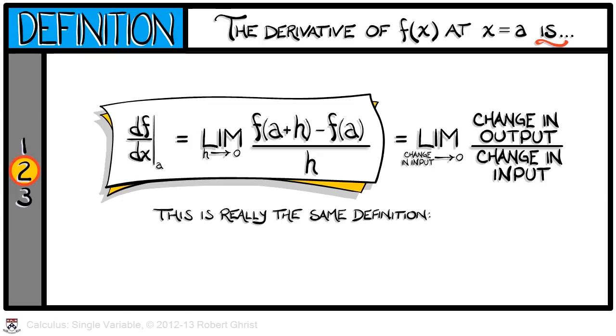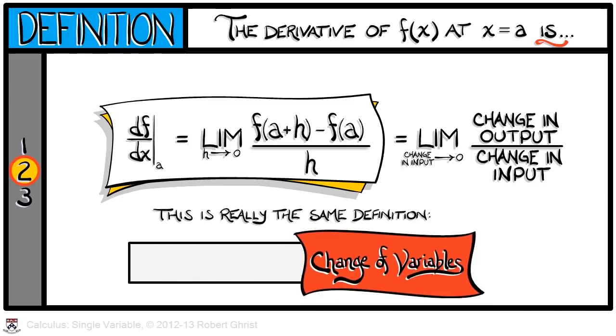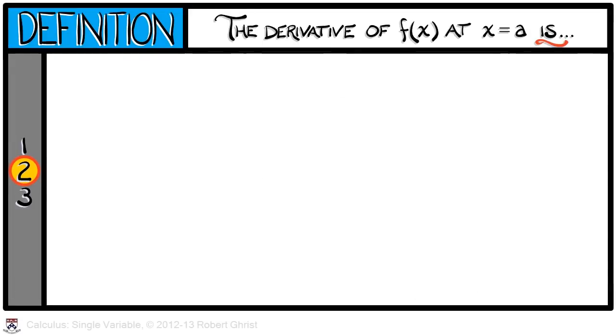Of course, this is really the same definition. We've simply performed a change of variables, setting h to be equal to x minus a, the change in the input. If you substitute x minus a in for h above, writing x as a plus h, then you'll see that this is really the same definition.